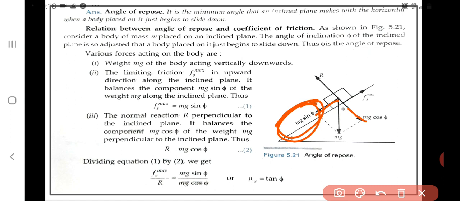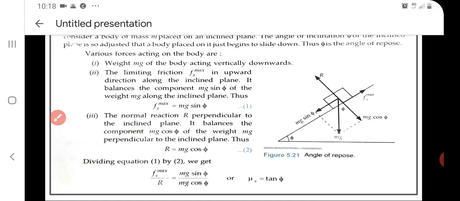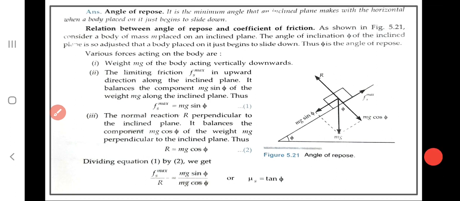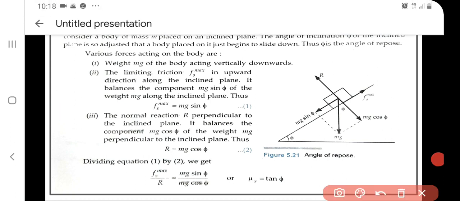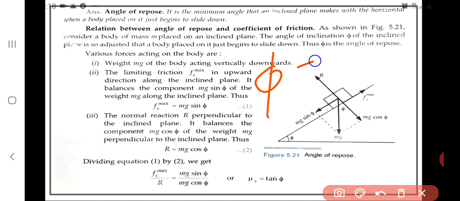We know as we increase the angle of inclination, if we start from phi equal to 0, that means there is no inclination, and slowly this inclined plane is raised so that phi increases, at a particular stage a value is reached for phi so that the body just starts sliding.